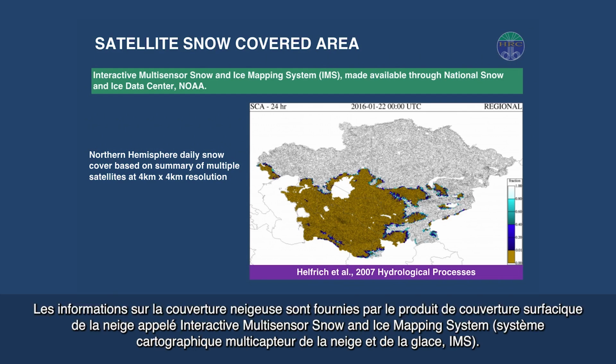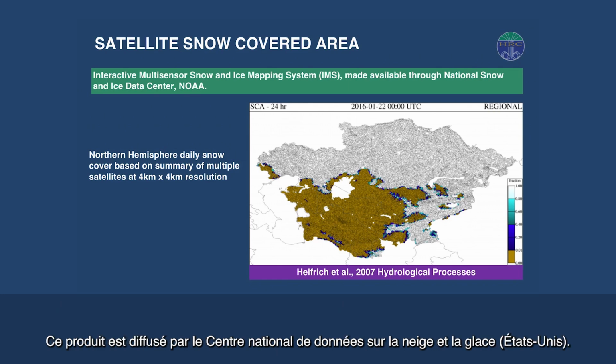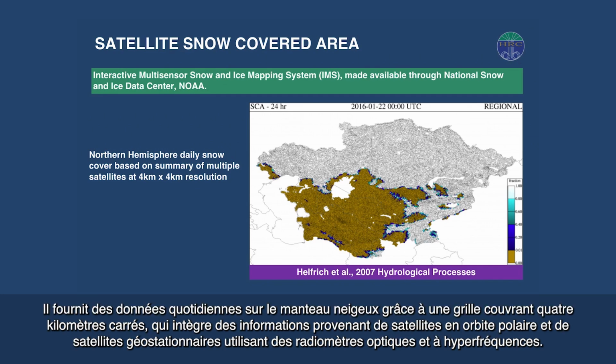The information on snow cover is available from the snow aerial cover product named the Interactive Multi-Sensor Snow and Ice Mapping System, in short IMS. This product is made available by the National Snow and Ice Data Center. It is a daily 4x4 km snow cover product that is based on information from polar orbiter and geostationary satellites using optical and microwave radiometers.